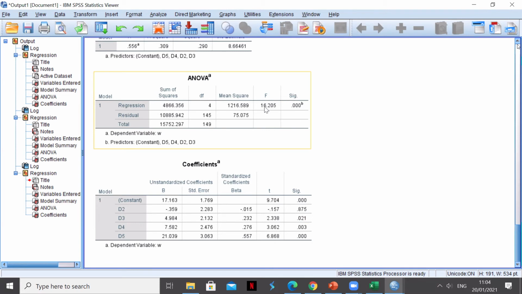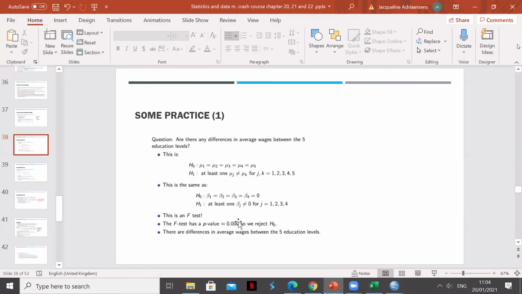The F is very big, so we may reject H0. And if we reject H0, we tentatively accept H1, which means that we have enough evidence to conclude that H1 is true, so at least one of them is not 0, and that there are differences between the 5 education levels. We don't know which ones.